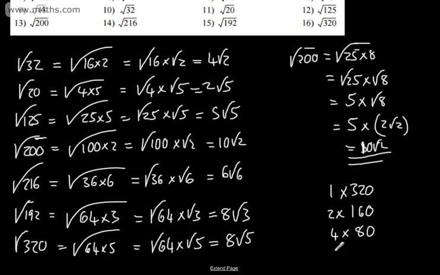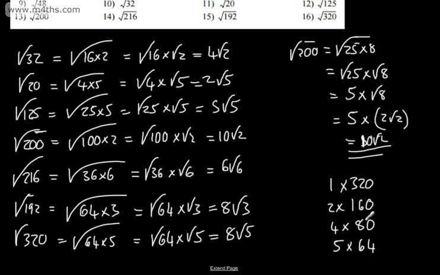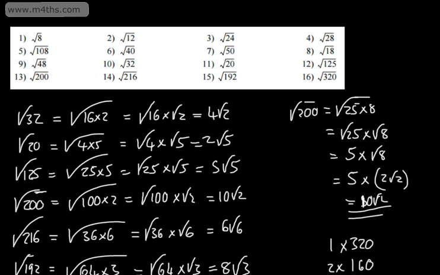And then the next one is 5 times 64. So that's what we get. You can see now that the largest square number that's going to go into it is 64. Do I like that? Well, again, it's entirely up to you. You decide how you want to view that. So there we go, that's just simplifying surds. We find the largest square factor of a number and split it up.